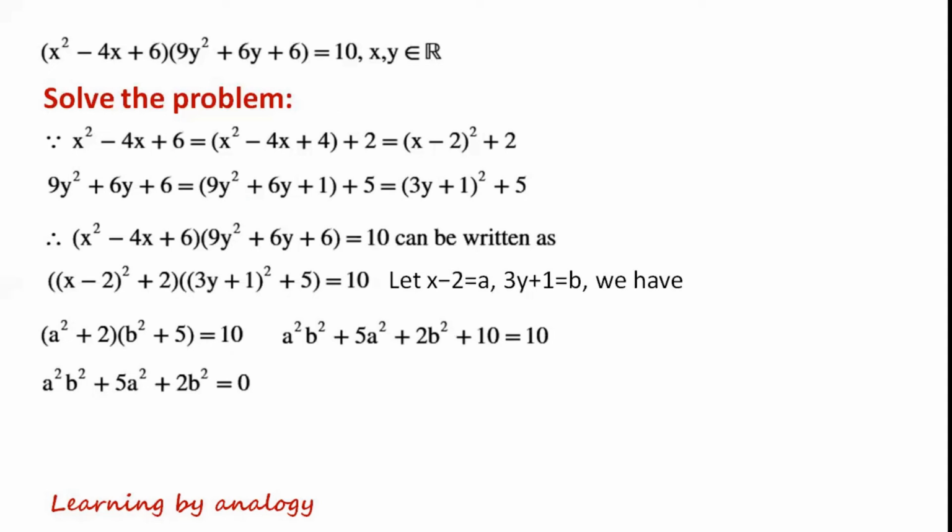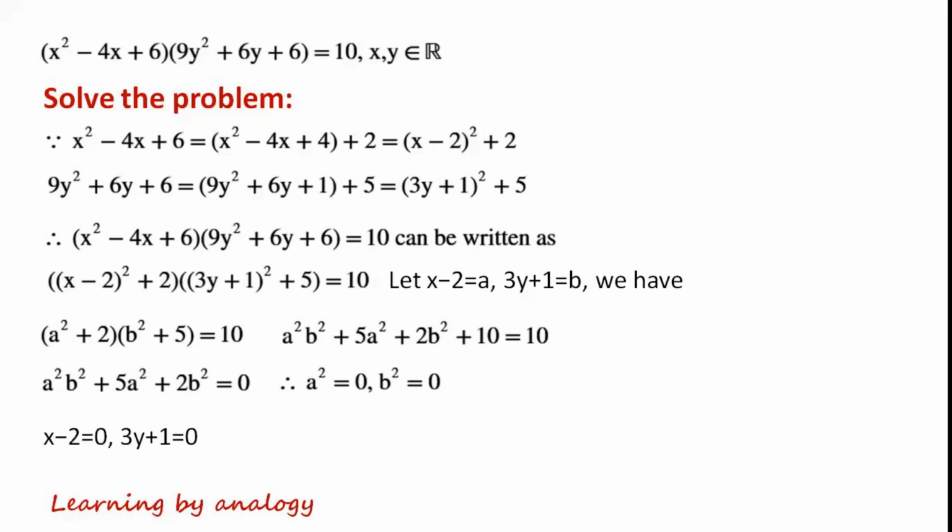Simplifying, we have a squared b squared plus 5a squared plus 2b squared equals 0. So a squared equals 0. B squared equals 0.